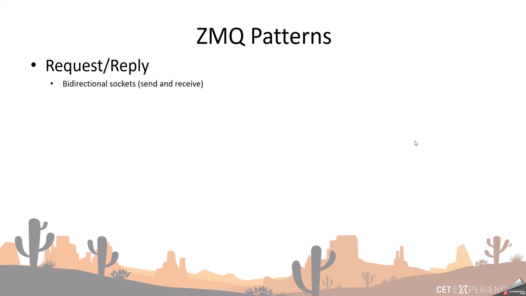You have a client that connects to a server and sends a request message, and then the server will send a response message. So this is like a bi-directional socket, and you're always doing a send receive pattern. The server will never just send you a message randomly.